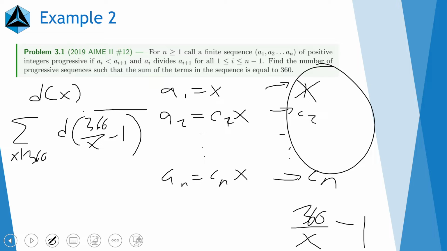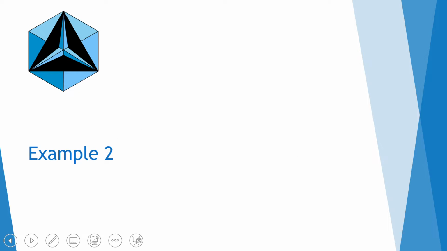I apologize, that was written poorly. This is the answer that we want, because if we iterate over all possible values of a1, which we are calling x, then we can kill the a1 value, divide everything by x, and then find progressive sequences of smaller sums. Okay, so sorry.